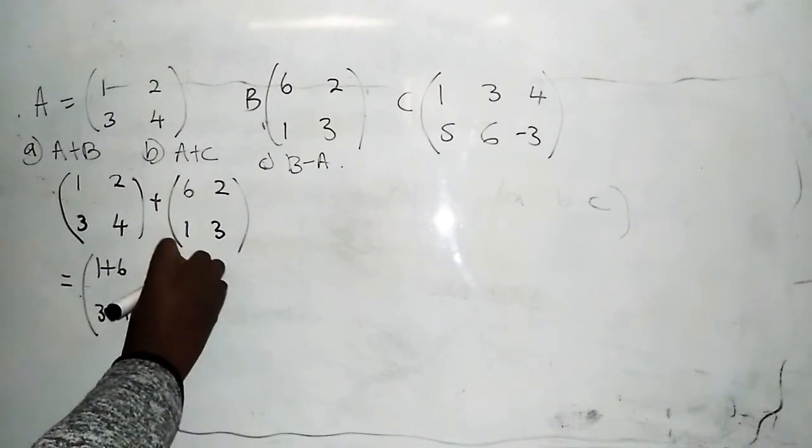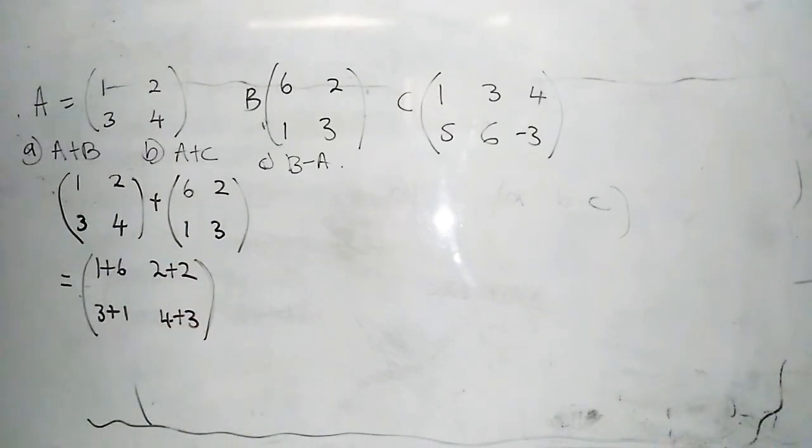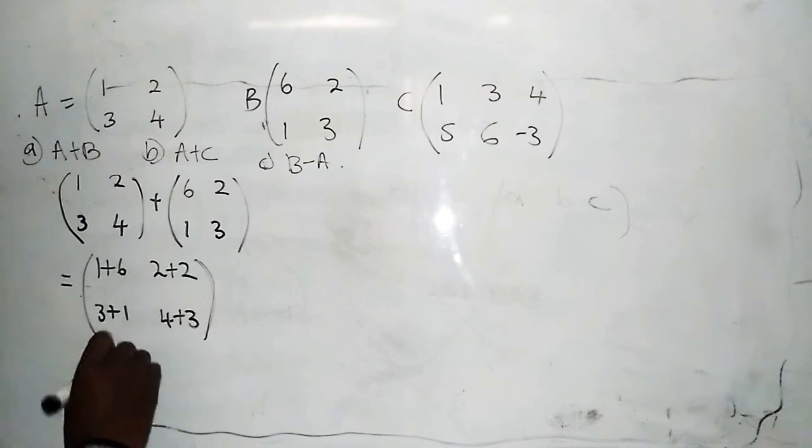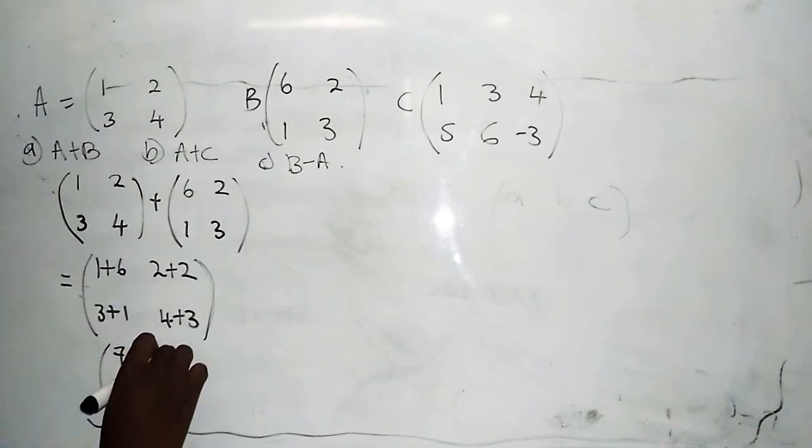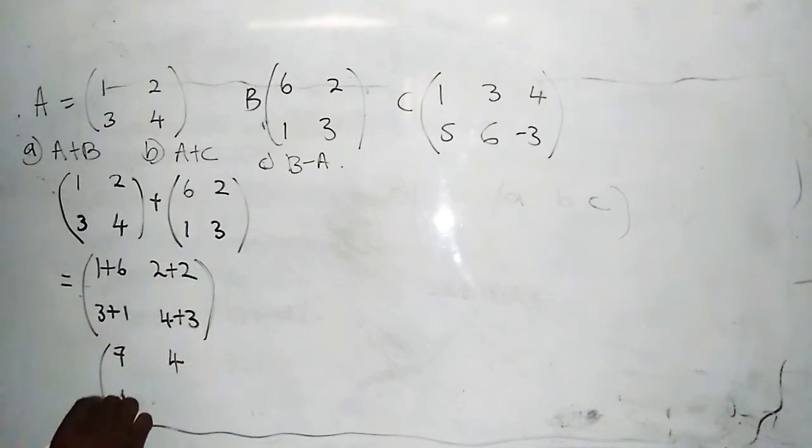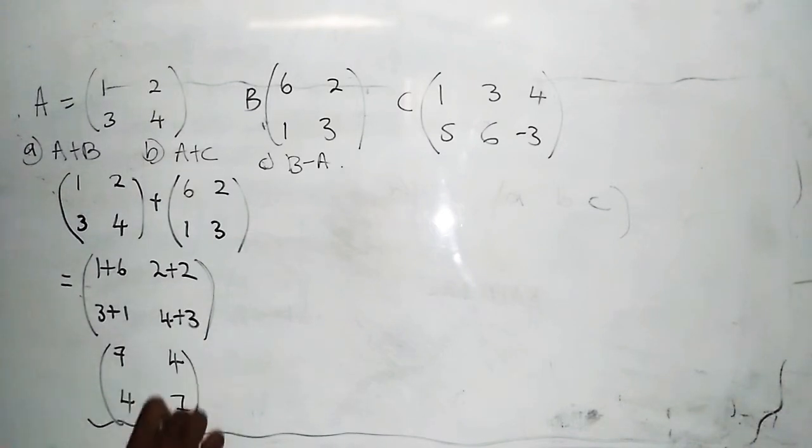Okay, I added them according to their positions. So what is 1 plus 6? It's a 7. So my answer, I'll have a 7 there. And 2 plus 2, it's a 4. 3 plus 1, it's a 4. And 4 plus 3, it's a 7. So that's our final answer for A plus B.